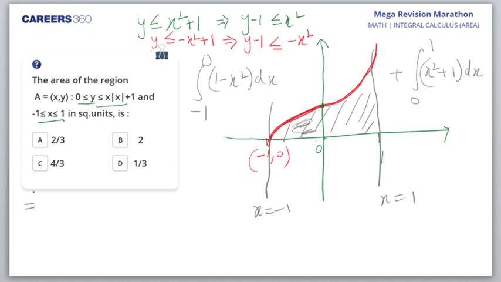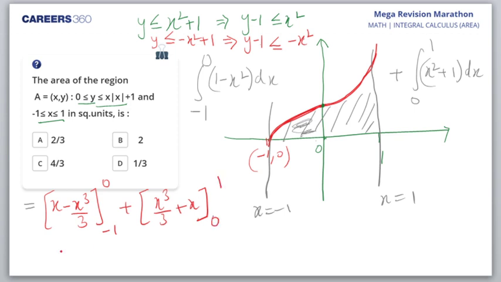When we integrate this, we get x cubed by 3, and you need to put the values -1 to 0, plus you get x cubed by 3, you get x, from 0 to 1. When you put 0, you don't get anything.